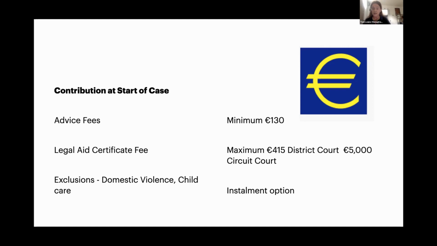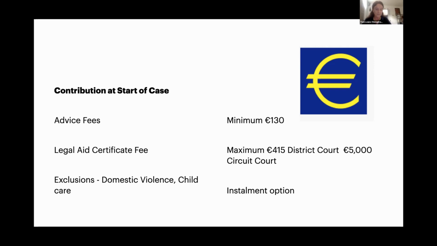But as I said to the group on Tuesday, I haven't as yet come across a case that has had such a high contribution as that. There is an installment option nonetheless for these people, and they can just let their solicitor know, and we will look into ways of putting in place an installment option for them, particularly those with the higher fees.